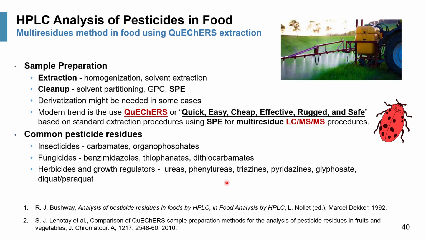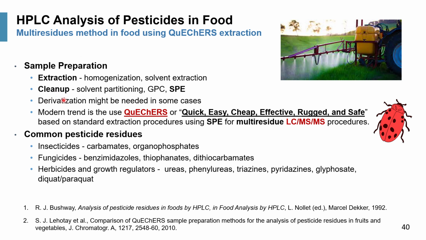The HPLC analysis of pesticides in food is very important, and typically these multi-residue methods use QuEChERS-type extraction. We'll explain that a little later, with HPLC separation followed by triple quad quantification for trace analysis.